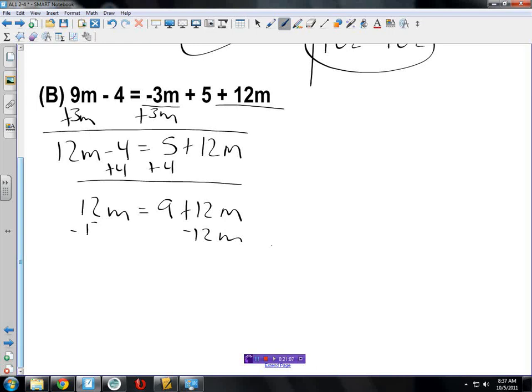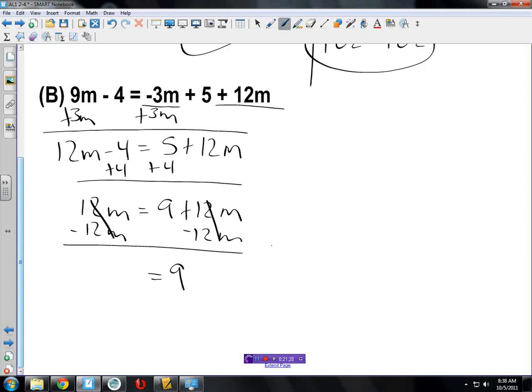Minus 12m. Those cross off. These cross off. Well, hey now. Is that what it's supposed to look like? What goes on the other side then? And then we crossed off all the m's. 0, right? We have nothing left on this left-hand side, right?